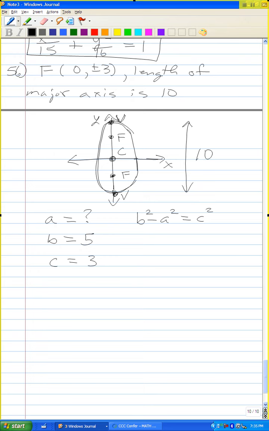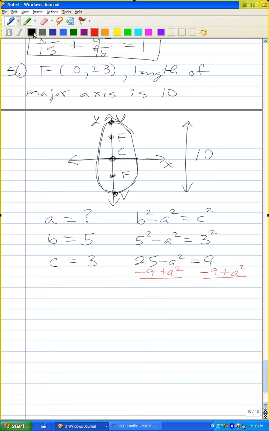I know that b is larger than a because the major axis is along the y direction. 5 squared is 25. c squared, 3 squared. 25 minus a squared is 9. Subtract 9 from both sides, add a squared. And so I get that a squared is 16.